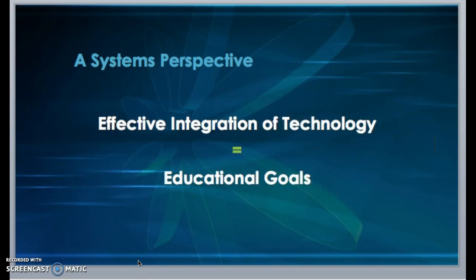It makes some sense to think of the effective integration of technology as an educational goal, more specifically, as an enabling object that supports more effective learning and instruction, assessed in part by satisfying Merrill's fifth integration principle.